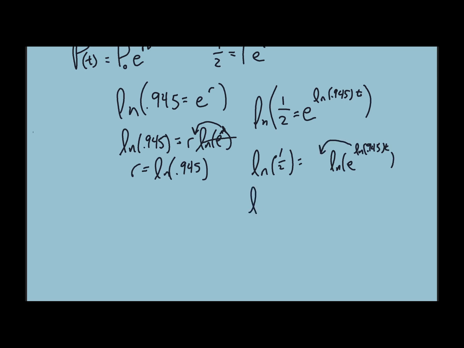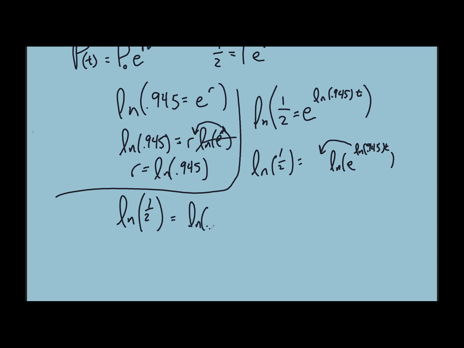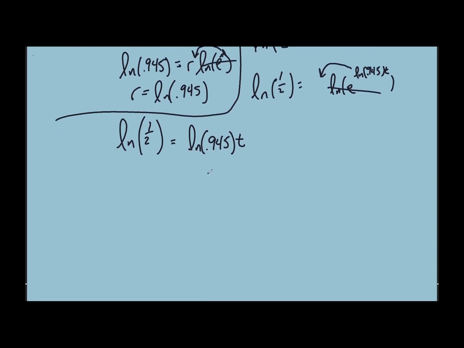So we get ln of 1/2 equals ln of 0.945 t, and then ln of e crosses out. So I think that the time is just going to be a division of that, right? ln of 1/2 divided by ln of 0.945.